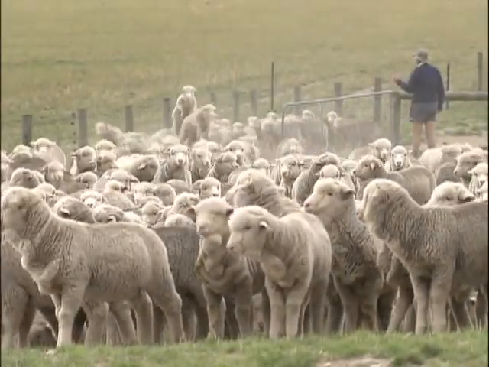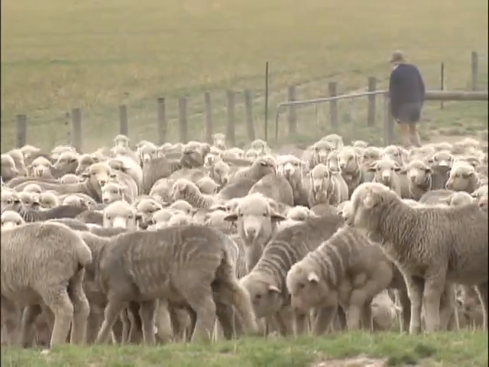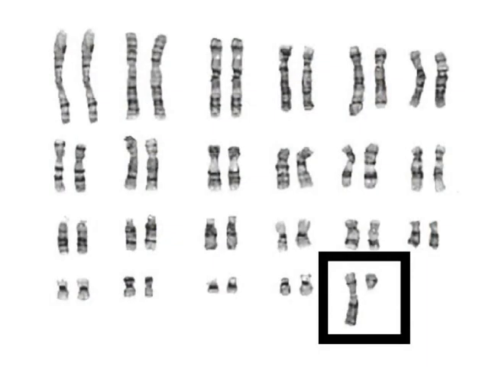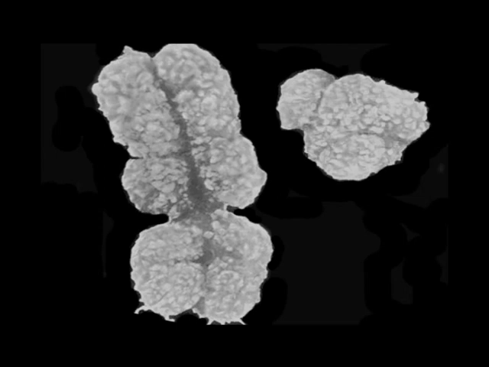The first support of Sutton's hypothesis came in the 1930s. Scientists noted that in mammals and certain insects, while males have the same number of chromosome pairs as females, the males always had one pair of chromosomes that appeared to be mismatched, while all the female chromosome pairs matched perfectly. In males, one chromosome in the mismatched pair, dubbed the X chromosome by geneticists, looked identical to the equivalent X chromosomes in female pairings.